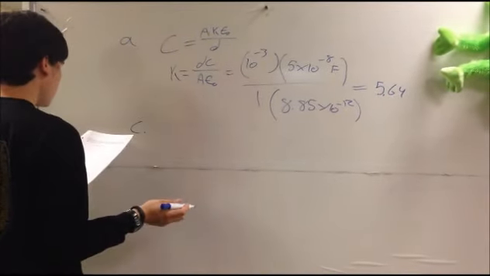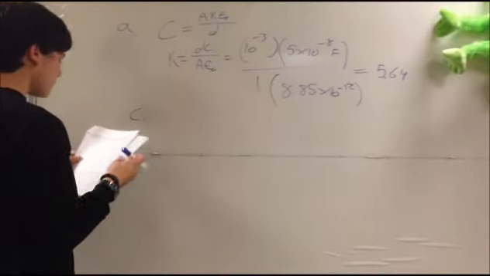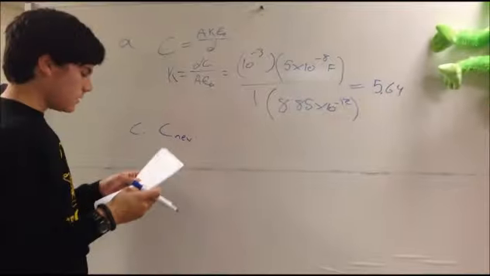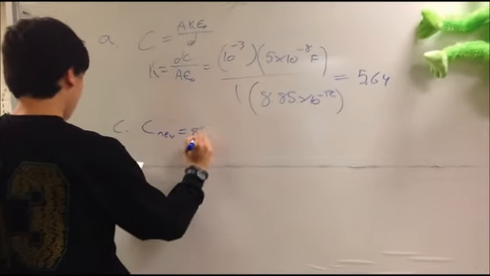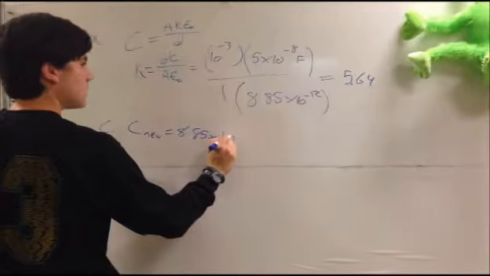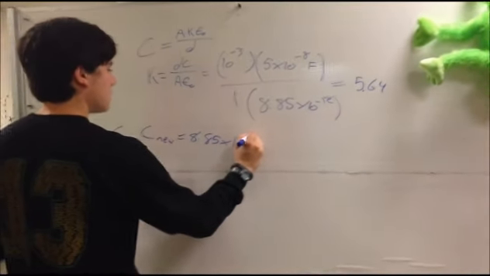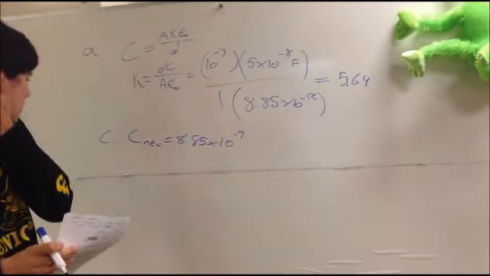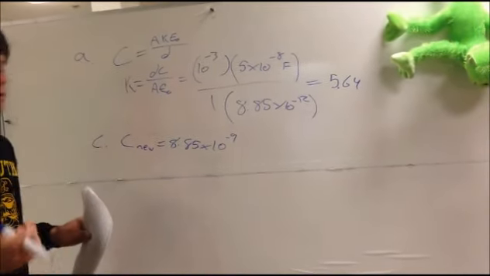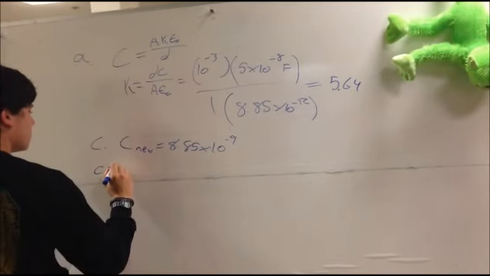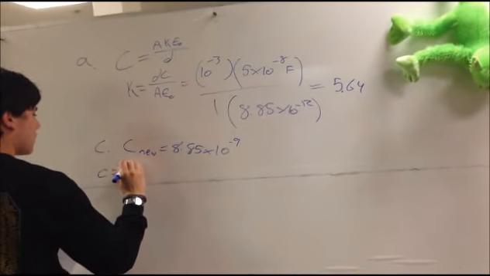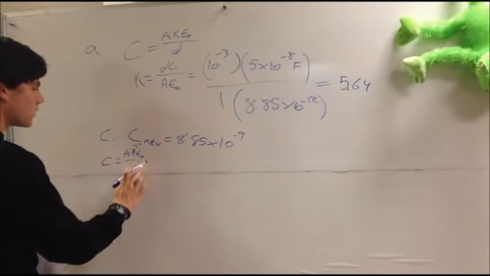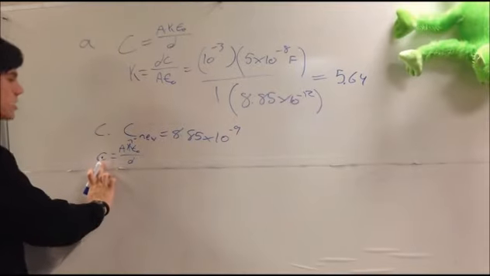That's question C. So again, what you have to do here is you know that the C new is just going to be 8.85 times 10 to the negative 9th. And we know that just because of the cake equation again, because C is equal to area K epsilon naught over D, and K is just going to be equal to 1, so you can plug in for each of these, and you can get C new.